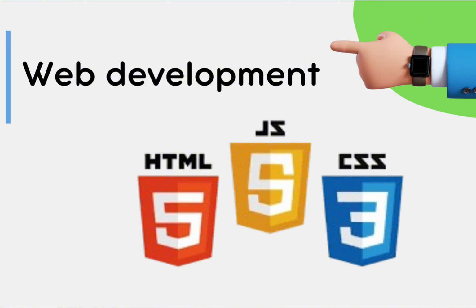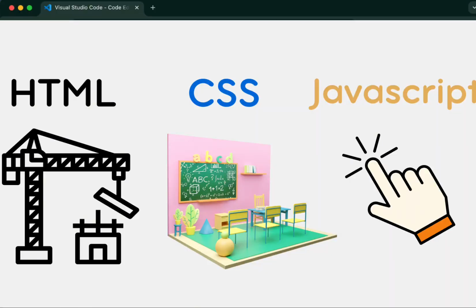It's a language that structures and organizes all the content you see, like text, images, links, buttons, and more. Just like how the walls and floors shape a building or a home, HTML shapes a web page, creating a layout for every element that goes on it. I guess you get the meaning.